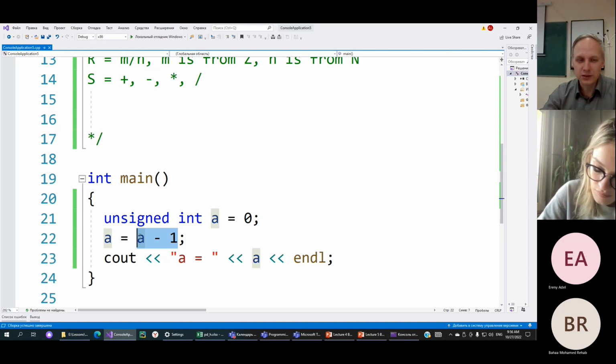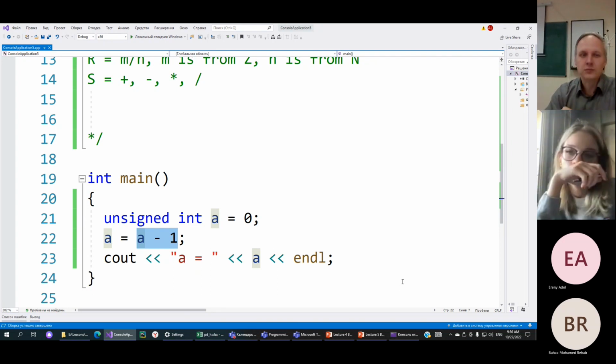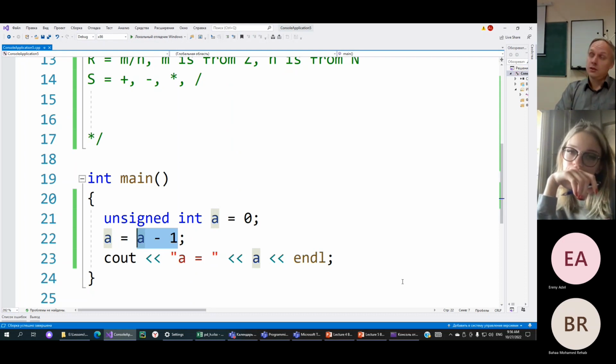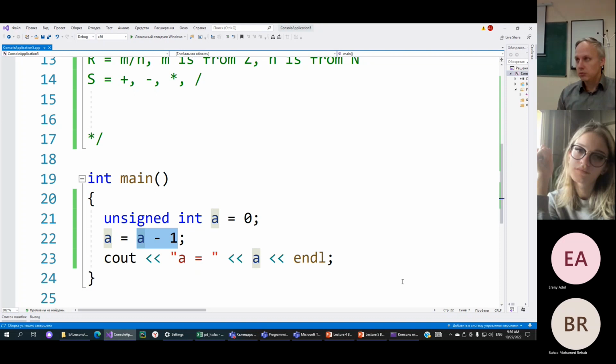If I subtract 1 from the unsigned A, when A equals 0, I get some number.